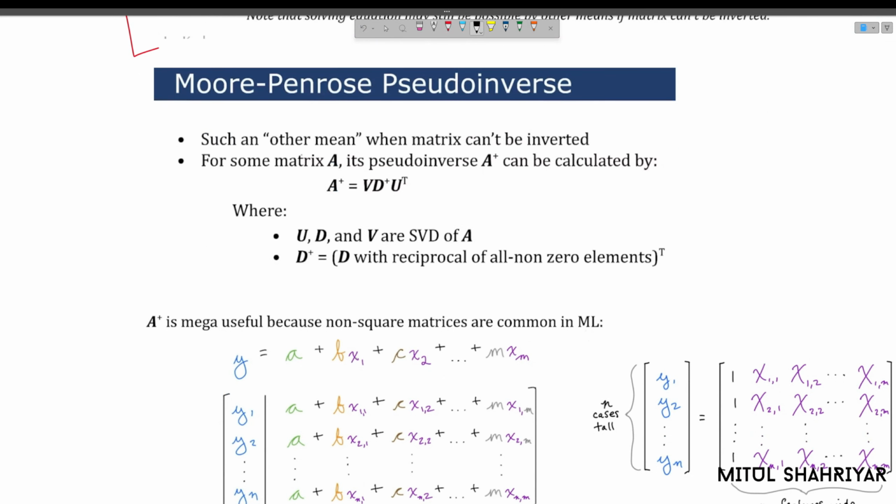Here you can see that for some matrix A, its pseudo inverse is written A plus. So how do we get it? To get it, you first get V, then D's pseudo inverse, and then use the transpose of U, where U, D and V are the SVD of A. Interesting, isn't it?